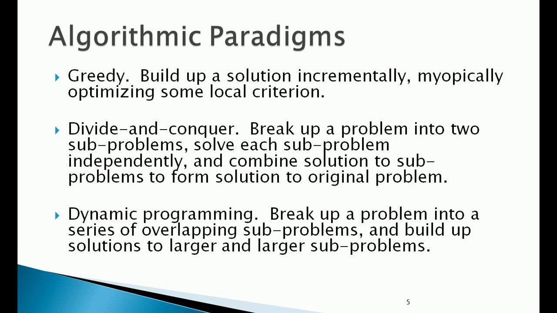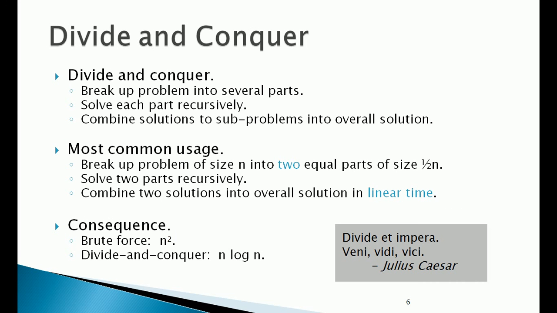Divide and conquer: break up a problem into subproblems, solve each subproblem independently, and combine the solutions to the subproblems to form a solution to the original problem. Dynamic programming: break up a problem into a series of overlapping subproblems and build up solutions to larger and larger subproblems.